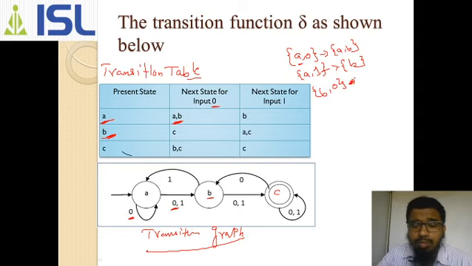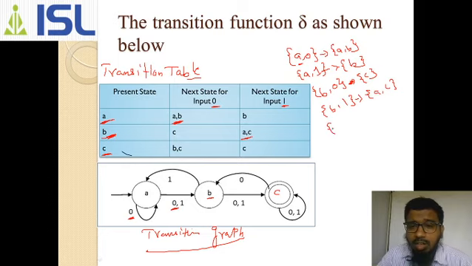B comma 0 gives C. B comma 1 gives A comma C. Next, C on 0.